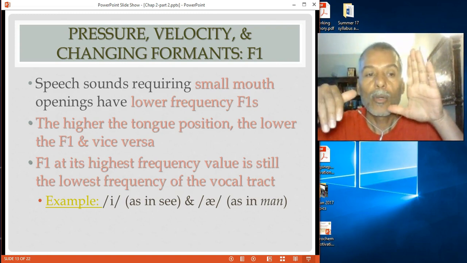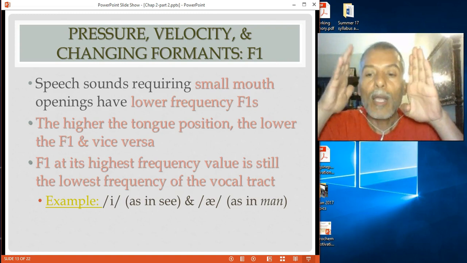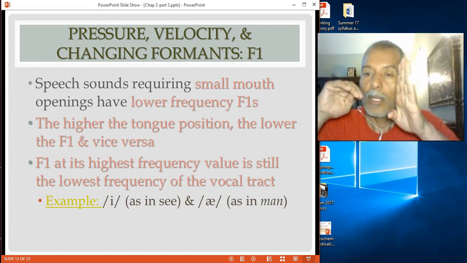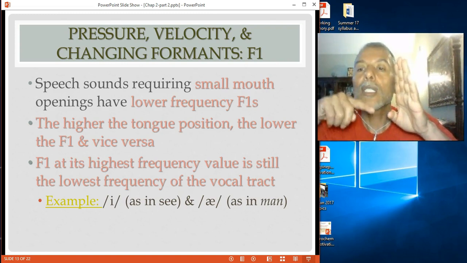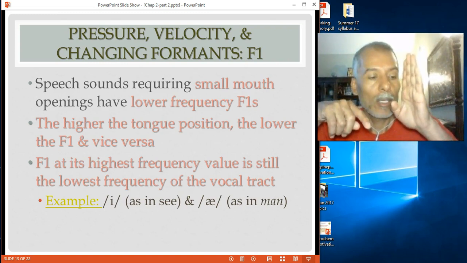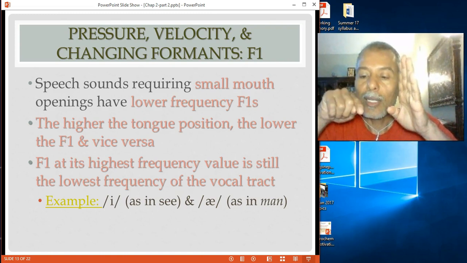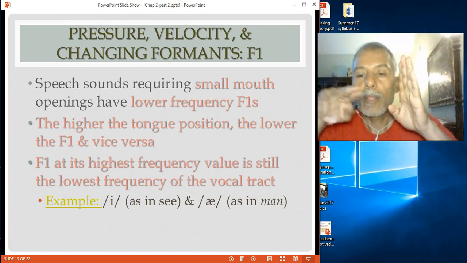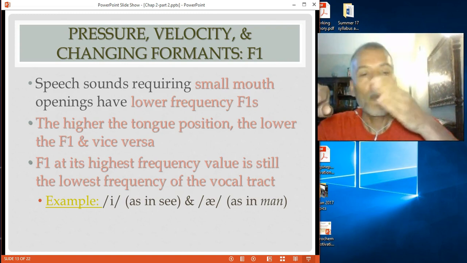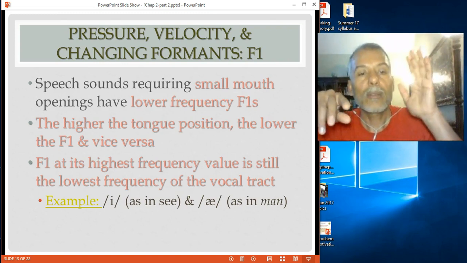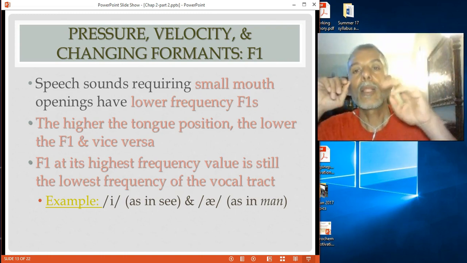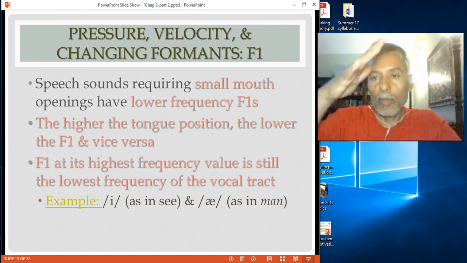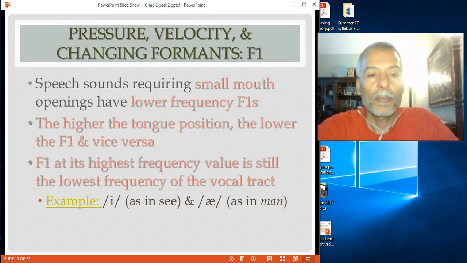So the second time that you're going to get a response will be twice as high. If F1 is, let's say, 500, the second vibration has to be 1000. And then the third is going to go from there. So at its highest frequency, F1 is still the lowest frequency of the entire series.